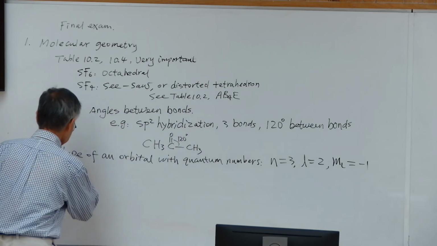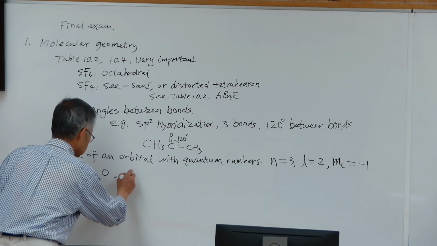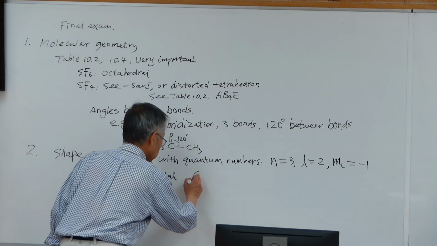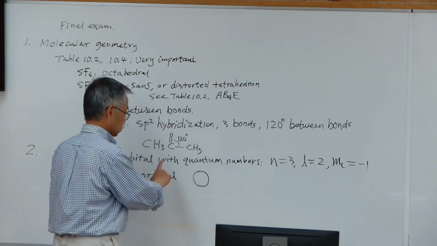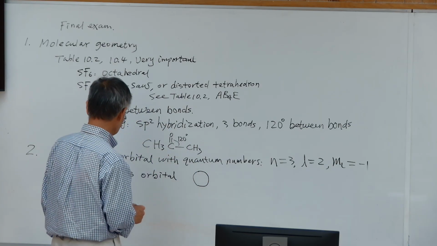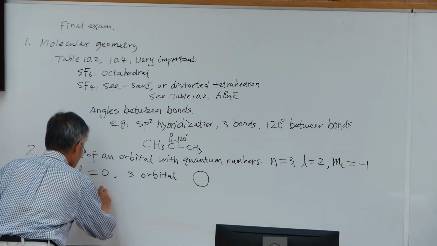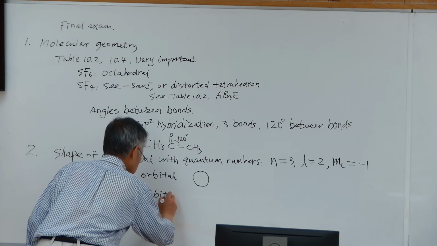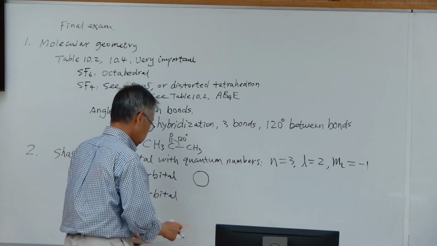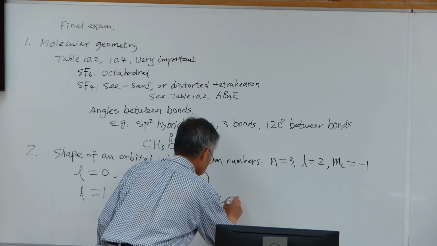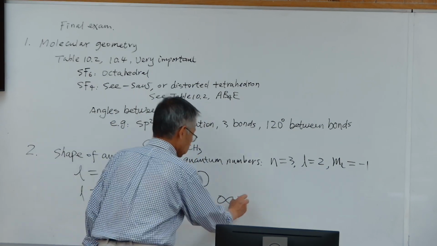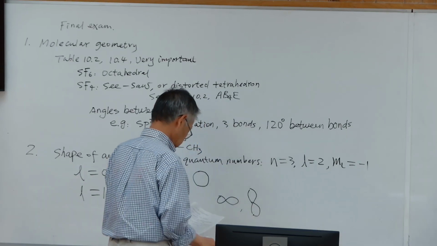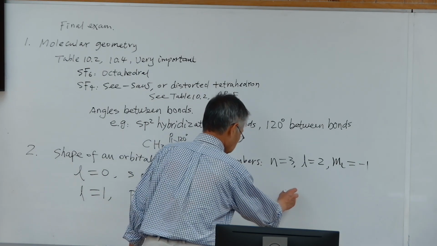So if l is 0, this is an s orbital. An s orbital looks like a ball. If l equals 1, this is a p orbital. The shape looks like this, either along this x, or this y, or the z axis.